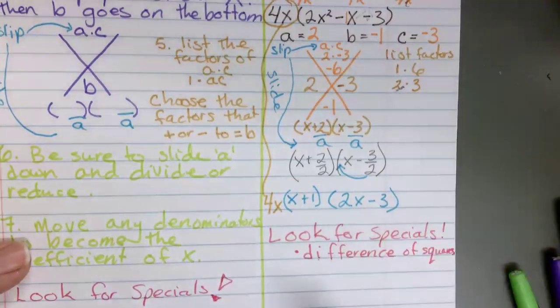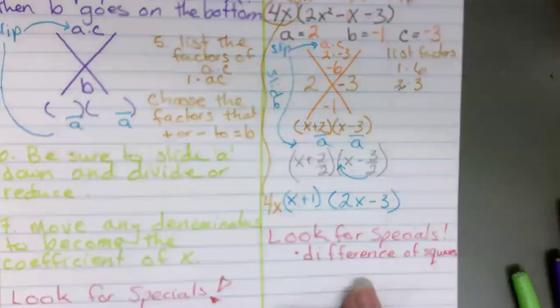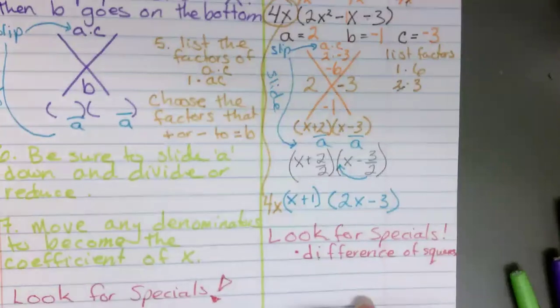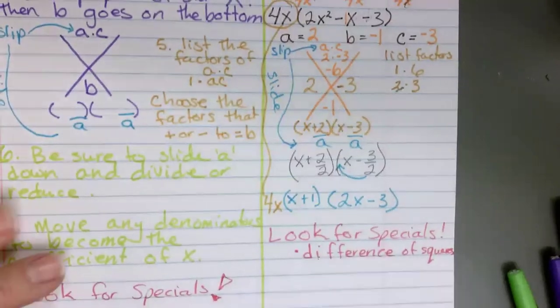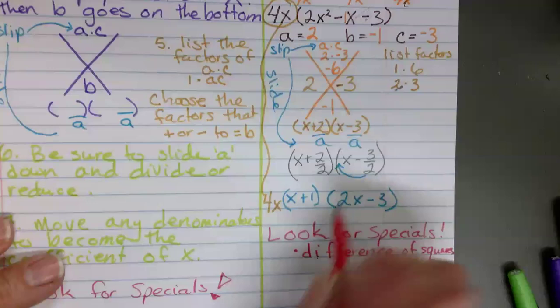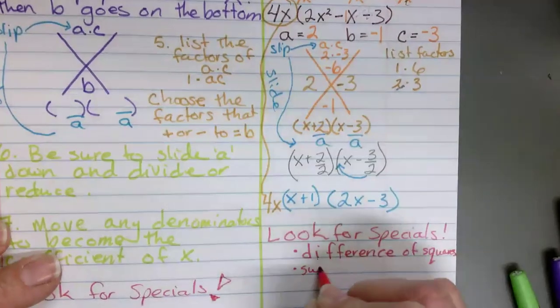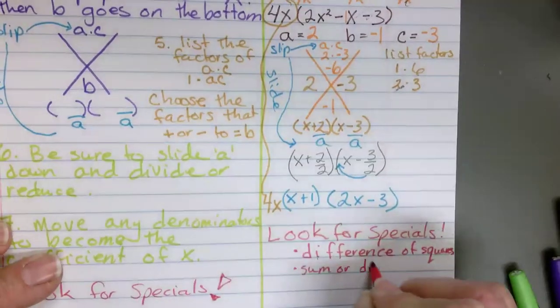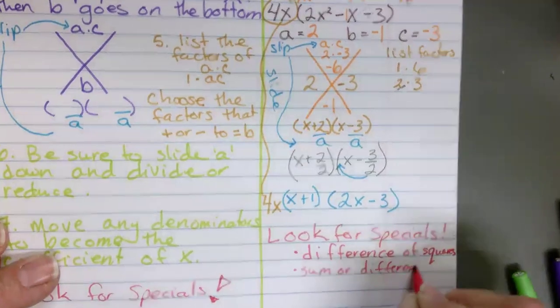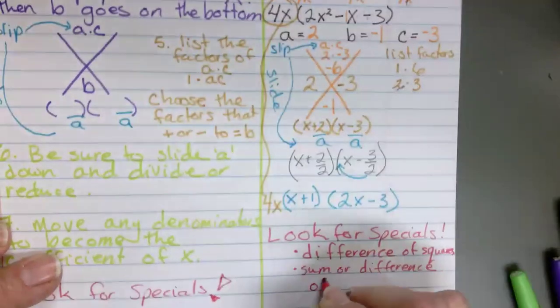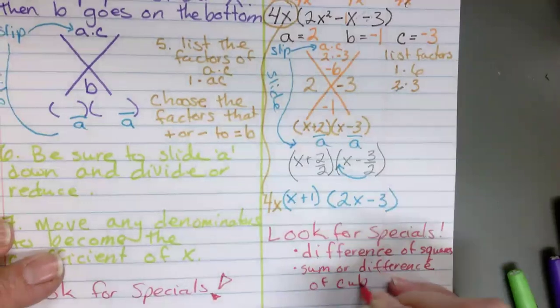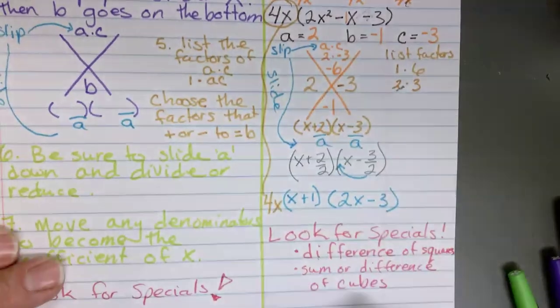And you should have seen those in Algebra 1. We did a little bit with them in Module 2. So you've seen them before, difference of squares. Then you can also look for sum or difference of perfect cubes.